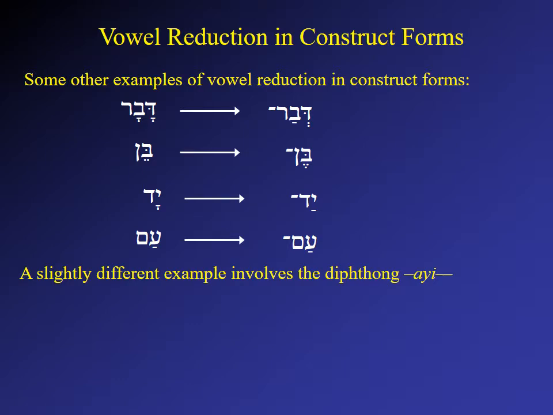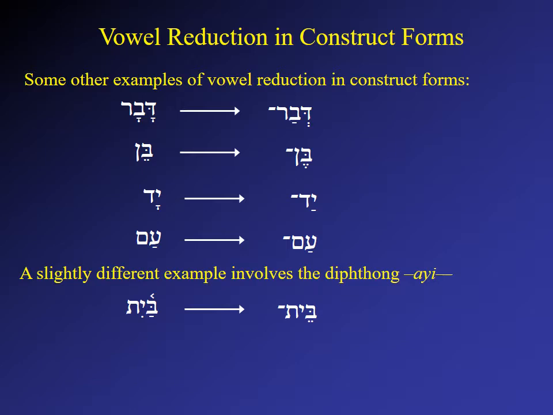Now we have a slightly different phenomenon in words that have, we can call it a diphthong, or anyway, words that have the ay middle syllable. For example, the one we've seen most often is bayit. This ay can only exist as long as it is in an accented syllable. Bayit. When the accent shifts off of the syllable, then it becomes bet.